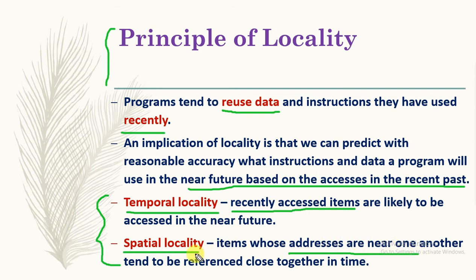So spatial is in terms of the place where the data is residing, and temporal is in terms of the time at which the data was used as part of our processing. All this, the principle of locality, gives a mechanism by which we can have better performance by increasing the speed of the entire program execution in a computer system.